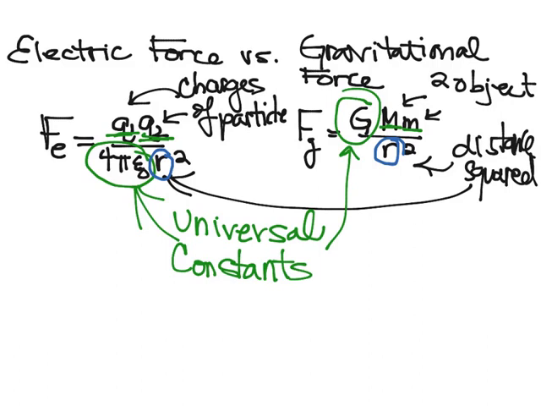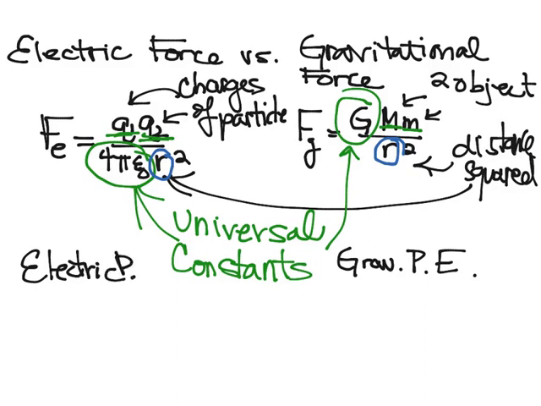Now, much like the gravitational force leads to gravitational potential energy, the electric force is going to lead to electric potential energy. Remember that gravitational potential energy, UG, is equal to minus G m1 m2 over r.